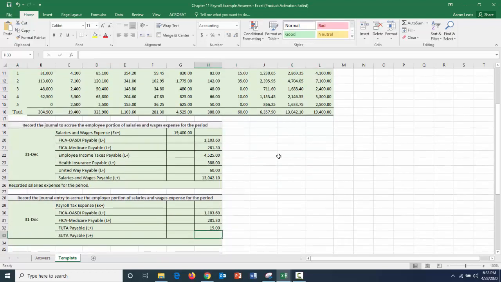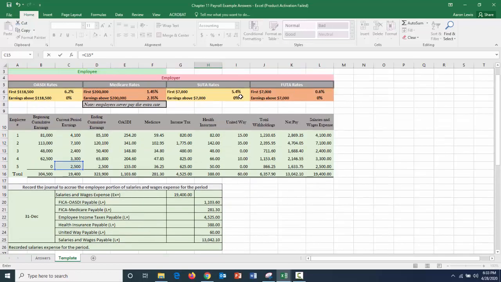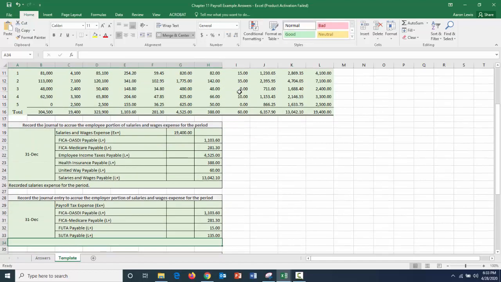That's going to be $15. We're also going to have to multiply it by the state unemployment tax rate, which is 5.4%. That's a total of $135.